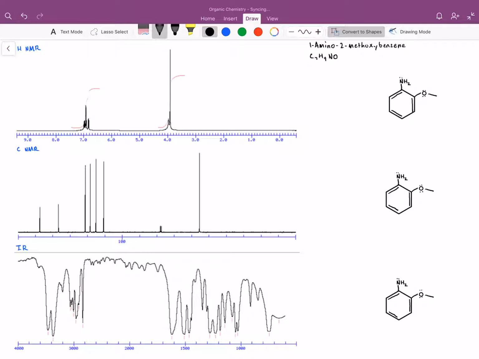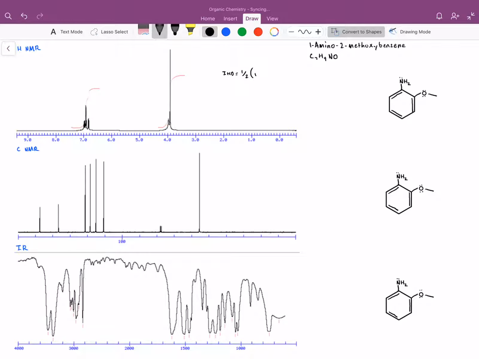So the first thing I want to start off with in this problem is the IHD, or the index of hydrogen deficiency. So let's run through that real quick. What the index of hydrogen deficiency tells us is the amount of double bonds and or rings we have in our structure, and this is a very useful formula to memorize.